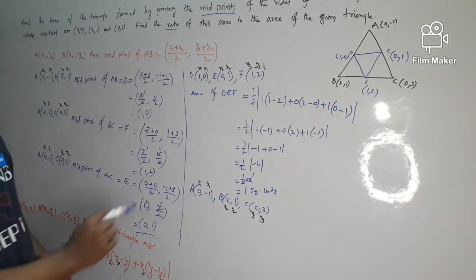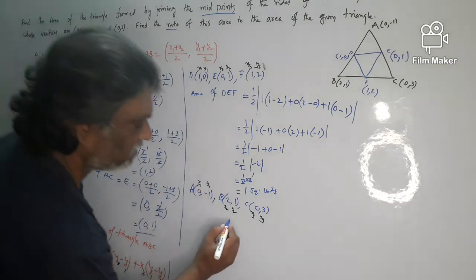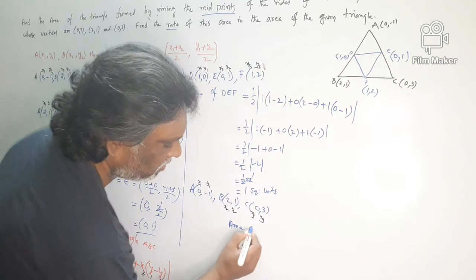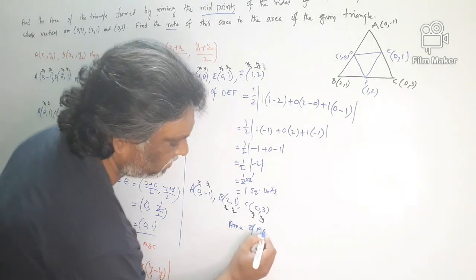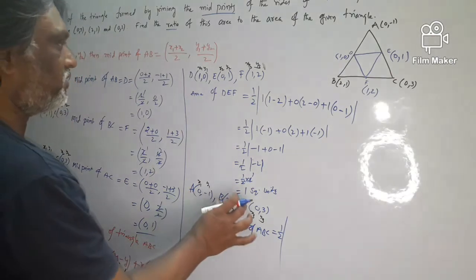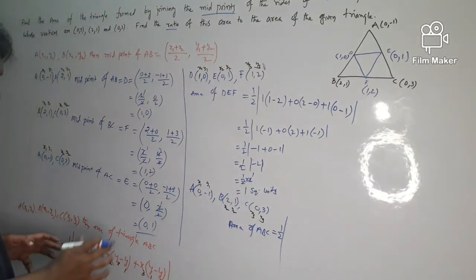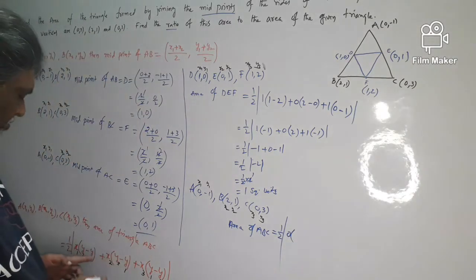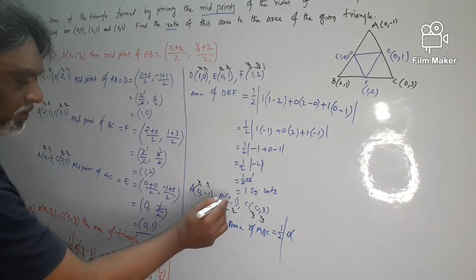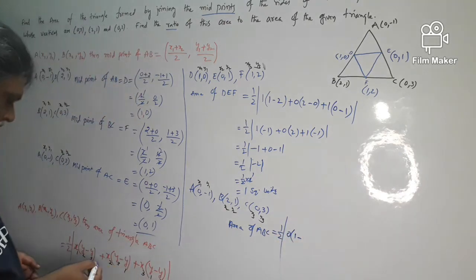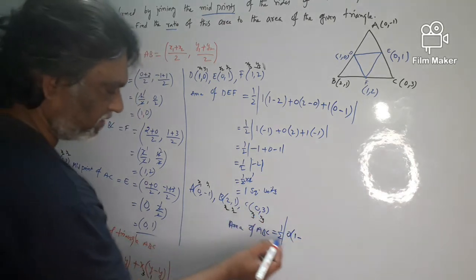Now find the area of ABC. Area of ABC is equal to half mod. These values are substituted in this formula. X1 is 0 into y2. Y2 is 1. 1 minus y3, 3.